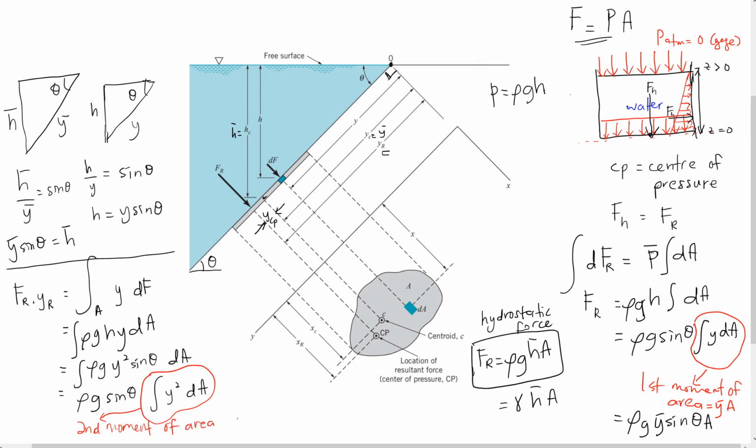Second moment of area can also be called moment of inertia, Ix, with respect to this axis. Let's say this is the x-axis.